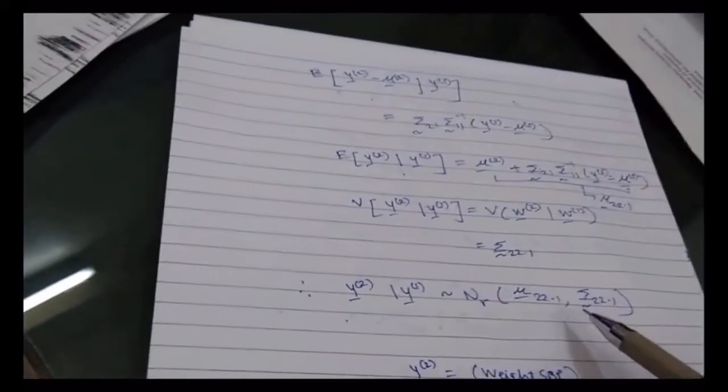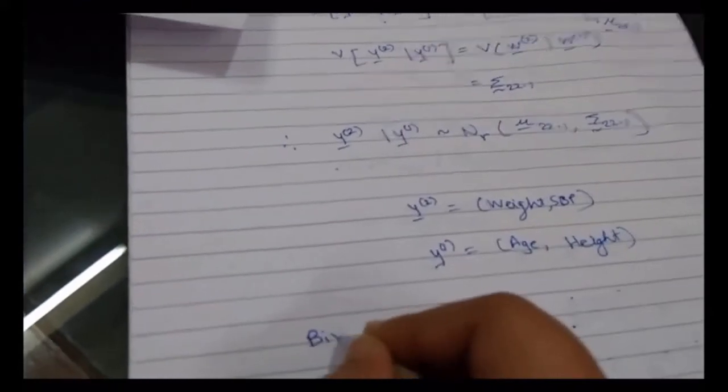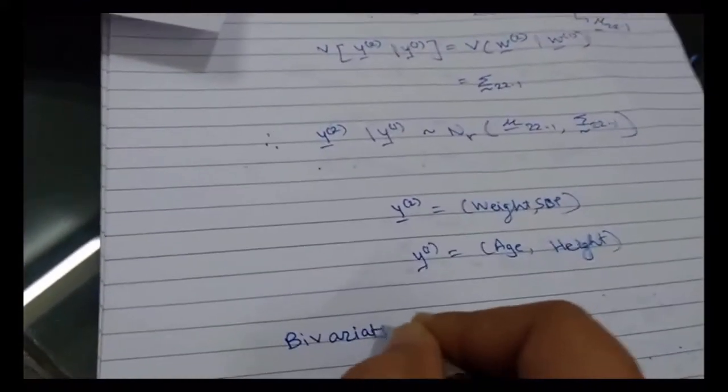In the bivariate case, you have seen this form for the conditional distribution. If we actually try to write down the form for the bivariate case, it is quite easy. You have already seen it, but let me revise it here.